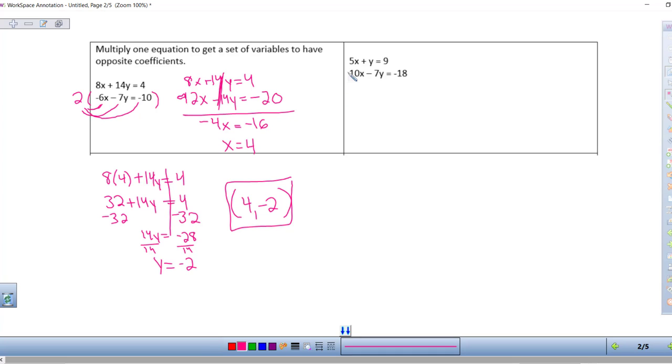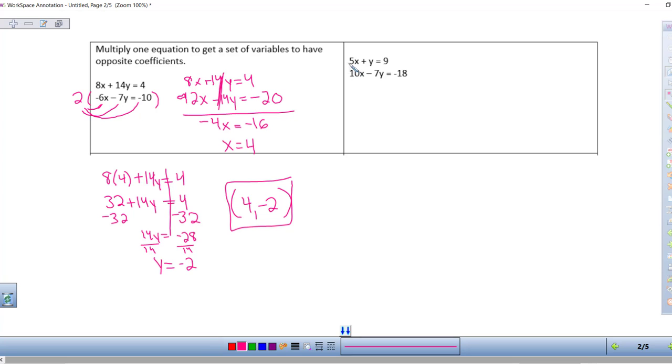I would recommend looking at the signs, though. That is important. So if I look, these are both positive, and the y's are opposites already. Since my goal is to have opposites, one positive and one negative, I would choose to eliminate the y. You could eliminate the x, but if I multiply by 2 to get 10, they would both be positive 10.